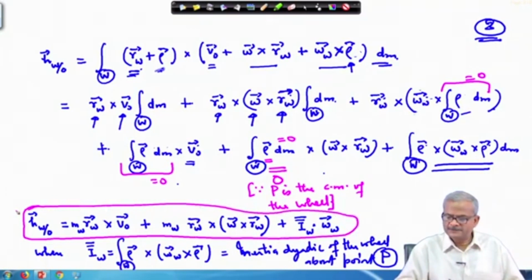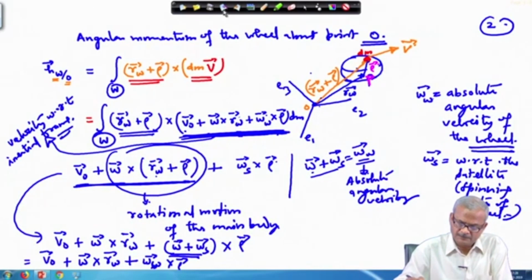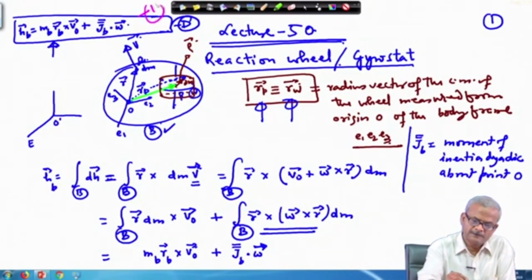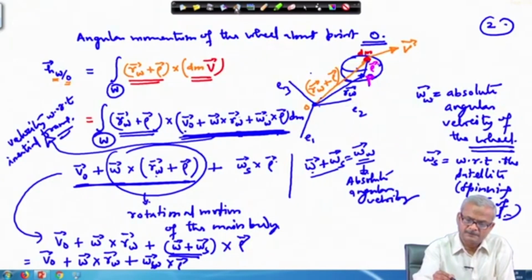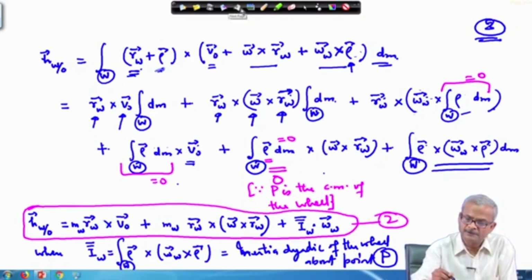So, add all these equations, the one equation we have got, 2. This is equation number 1, and this is equation number 2. We need to add it to get the total angular momentum.